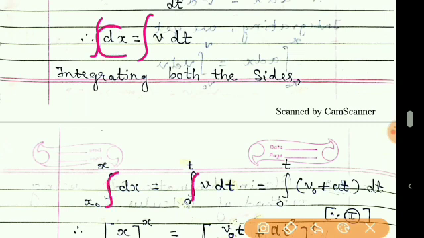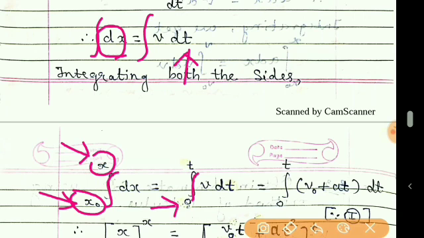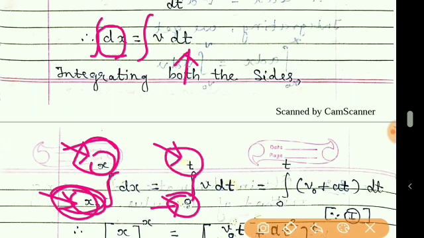Here it is a function of x, so initial position and final position. Initial position is taken as x naught and final position is x. Here the function is time, so initial time, as usual, we take 0. Final time is t. So this is called the lower limit. This is the upper limit. So here also lower limit and upper limit.